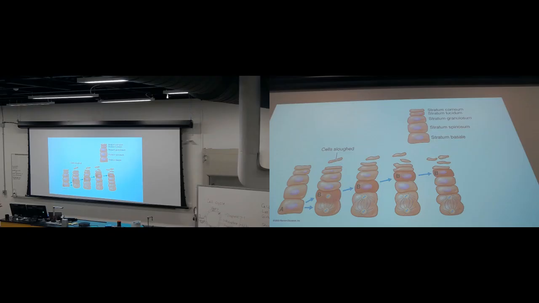And if it is thick skin, it will move into the lucidum, and then from the lucidum into the corneum, that's the last. And then from there, into your mattress. That's where we leave a lot of cells.